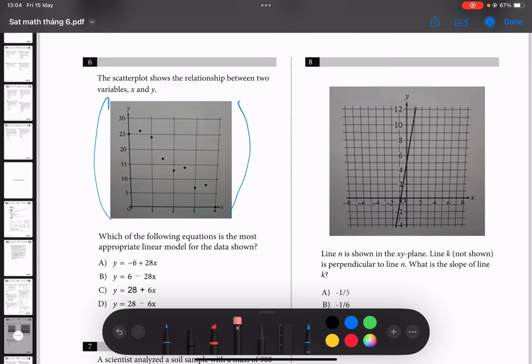I can choose the first one over here and the last one over here. I will choose points that are easy to find the location of.